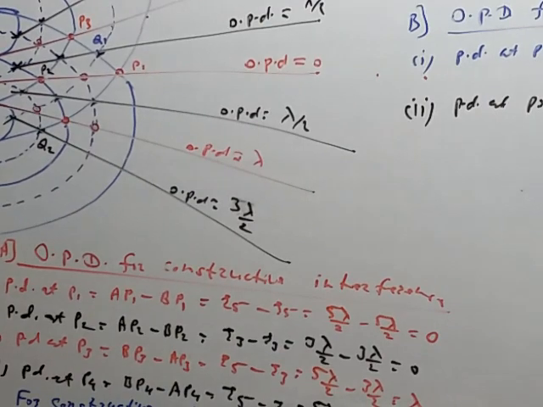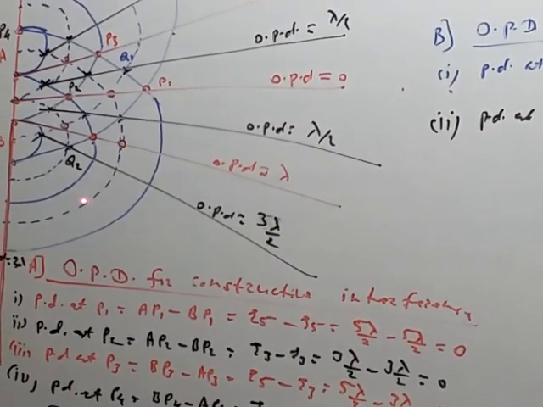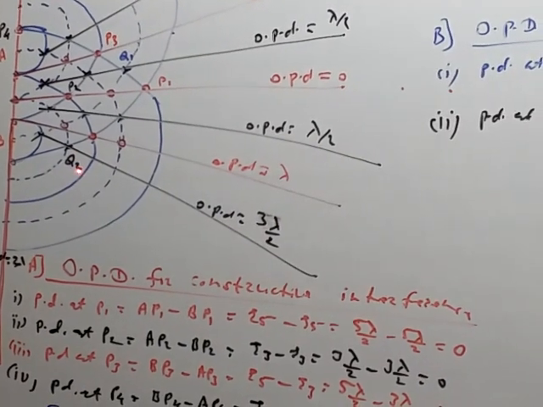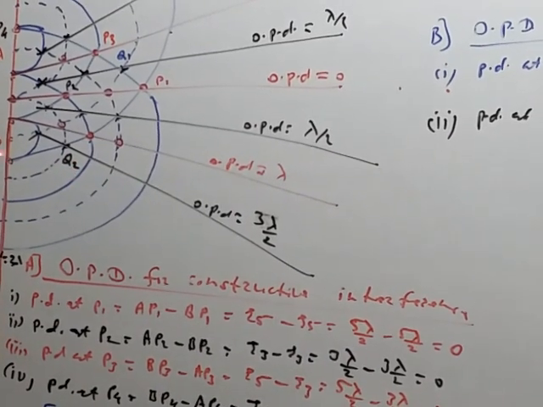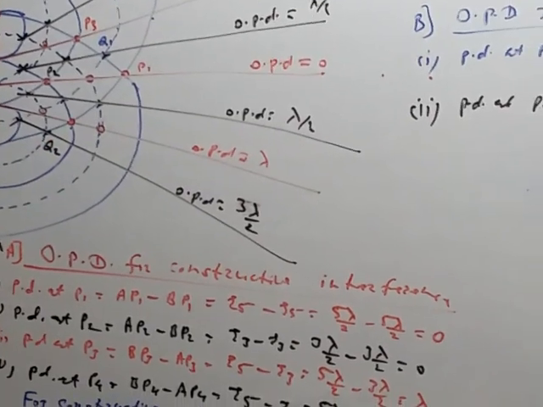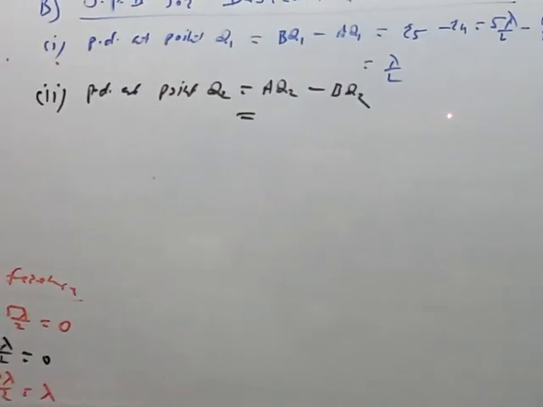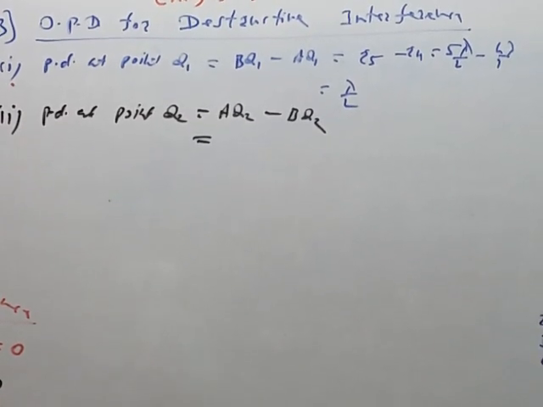Q2 point is taken here, so it is at a longer distance from A. So AQ2 is equal to the radius of the fifth circle, R5, and BQ2 is equal to the radius of the second circle. So the path difference at point Q2 is equal to AQ2 minus BQ2, that is R5 minus R2.